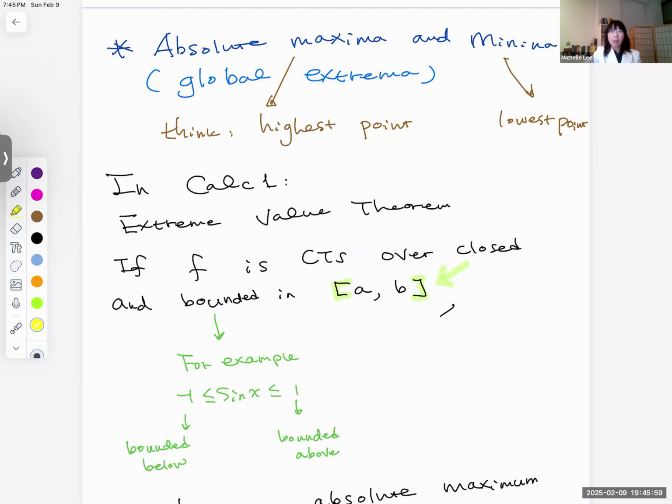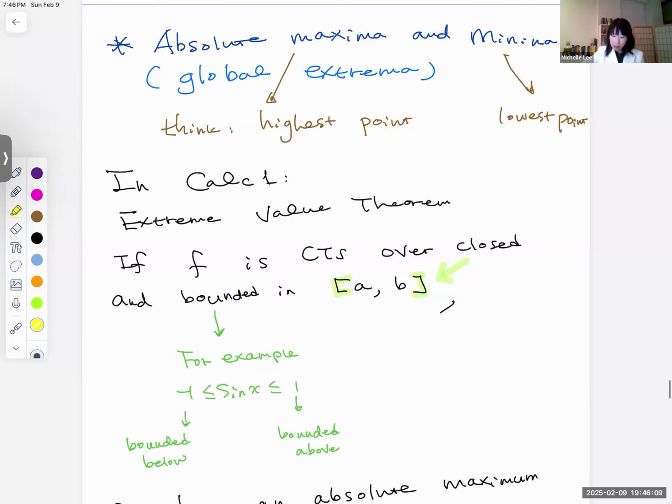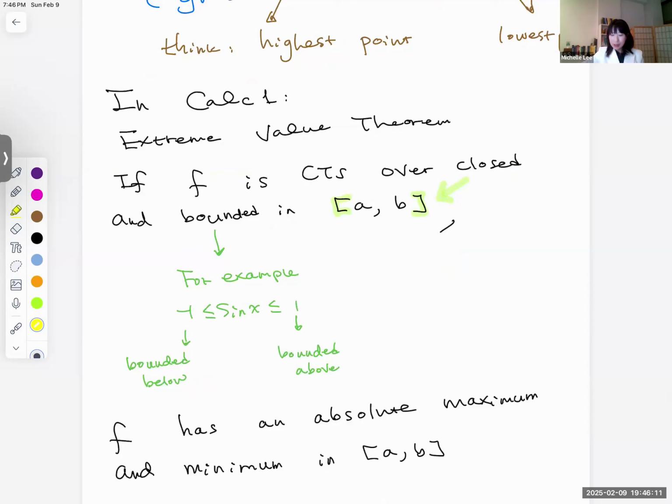Also in calculus 1 we had the extreme value theorem. If the function is continuous over a closed and bounded interval [a, b], then f has an absolute maximum and absolute minimum in the closed interval, right? So closed interval, we know that this is a closed bracket.